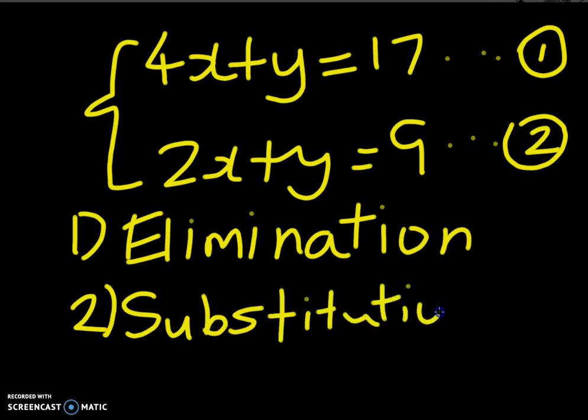The elimination method is when you eliminate one variable so you can easily solve the other. In each question, like in this question, we have to see whether the elimination method or the substitution method is suitable. The substitution method is when you substitute a term inside the other equation. So let's try it. We'll solve it in both ways.